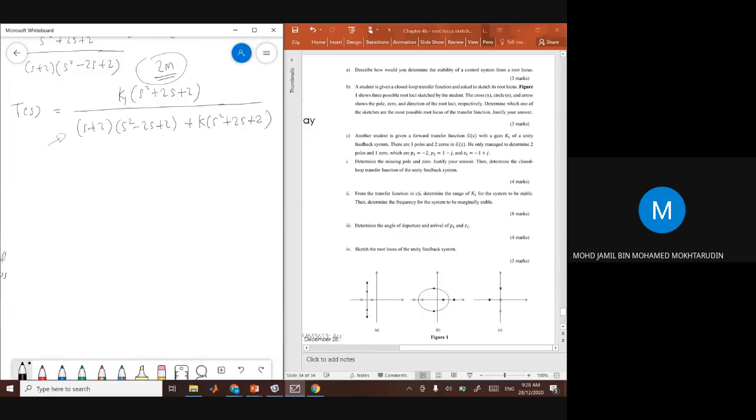So you need to use the Routh-Hurwitz table. So the denominator, you get (s plus 2)(s squared minus 2s plus 2) plus K(s squared plus 2s plus 2).